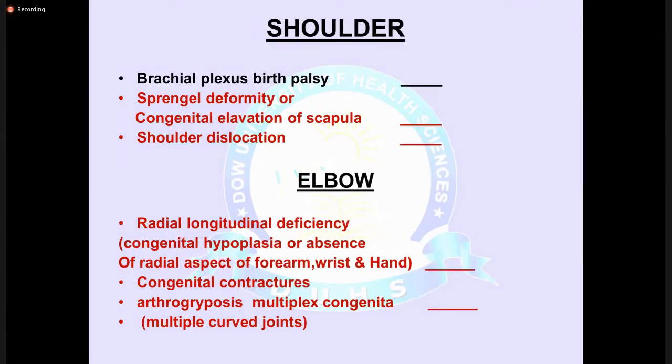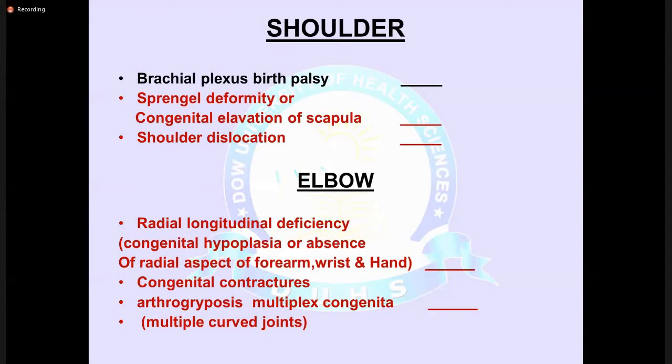Look at the shoulder joints: brachial plexus birth palsy, any clavicular deformity, any congenital elevation of the scapula, shoulder dislocations. So if you notice any problem, you can highlight it, and do the examination of the elbow joint for radial longitudinal deficiencies like congenital hypoplasia or absence of the radial aspect of the forearm, wrist, and hand.